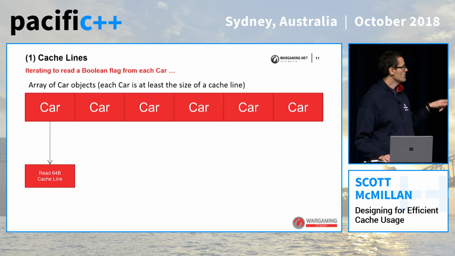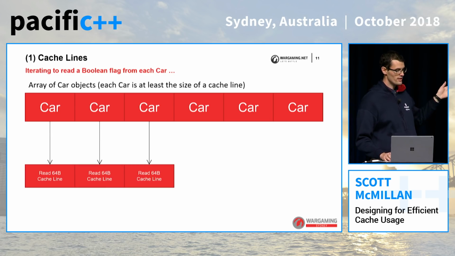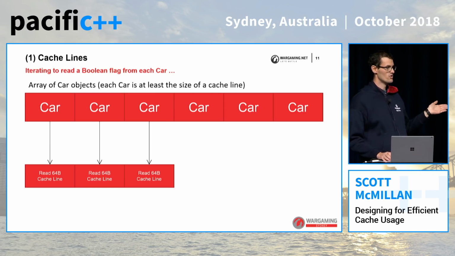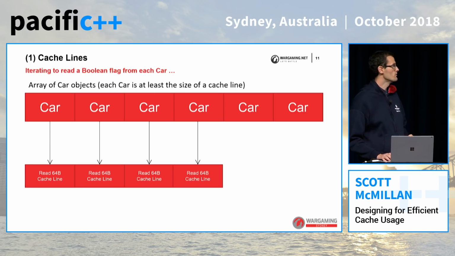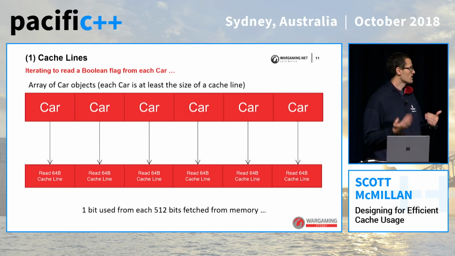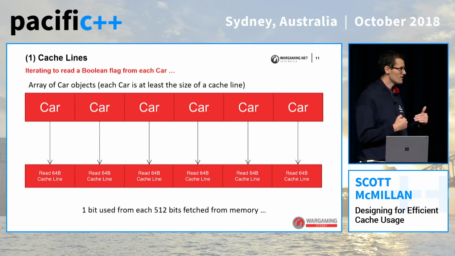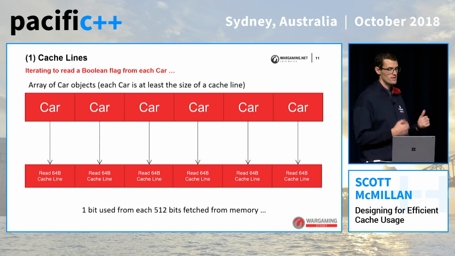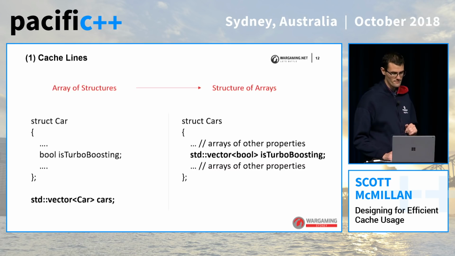As we iterate across the vector, as we saw before, we need the cache line that the Boolean exists upon to be fetched into cache, if it wasn't already. So if this has to be fetched from memory, we're basically fetching 512 bits to use 1 bit. It's a bit of an extreme example, but it demonstrates the issue well.